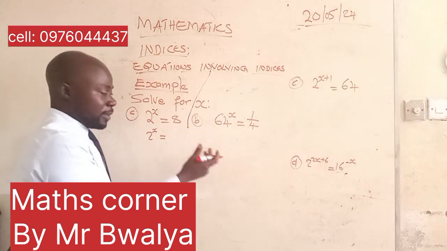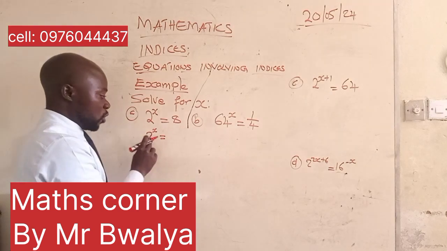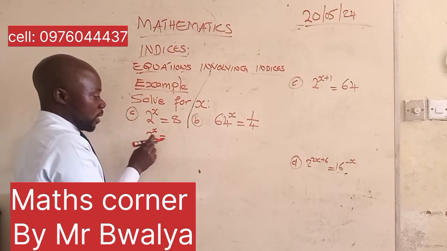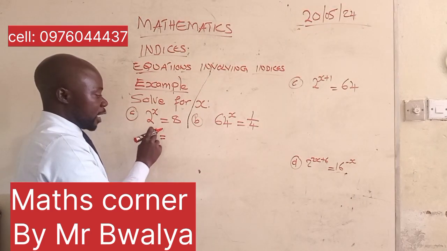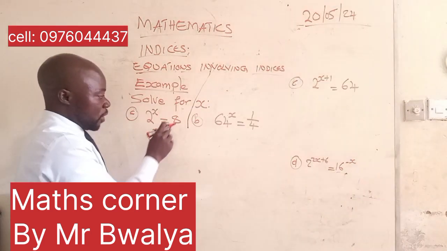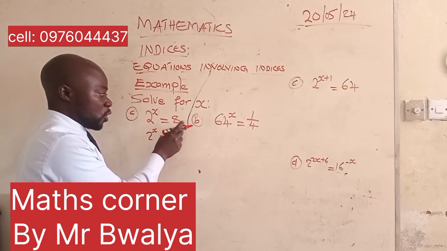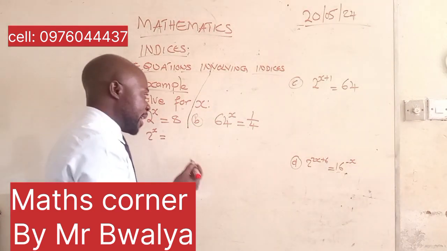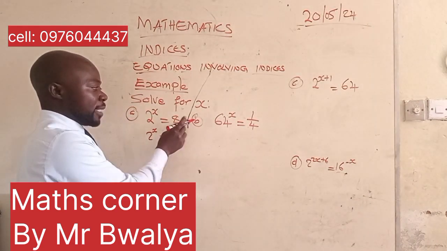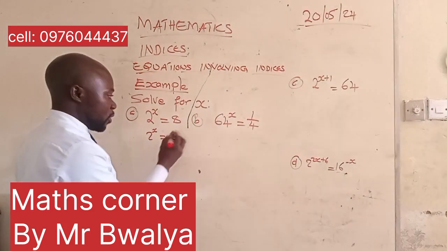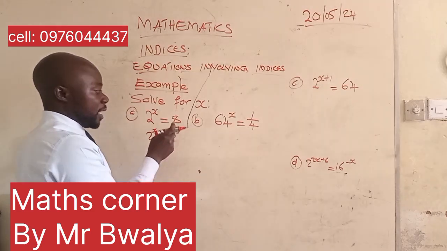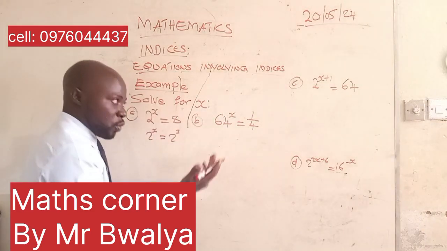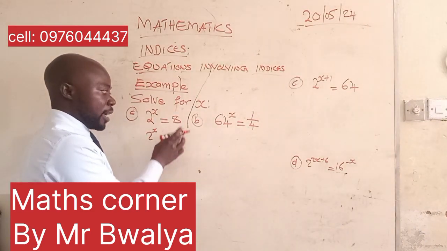That is 2, because we're trying to have the same base 2, with the exponent x. How many times do we multiply 2 by itself to give 8? It is 3 times, so 2 to the power 3. 2 times 2 times 2 gives you 8.